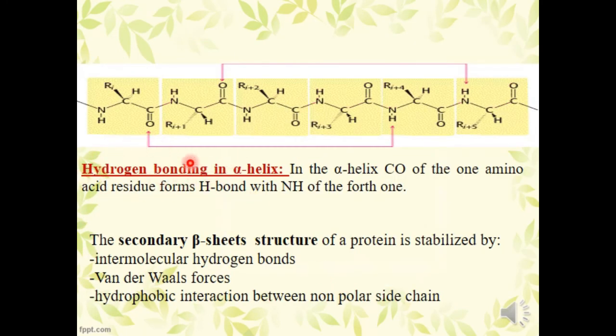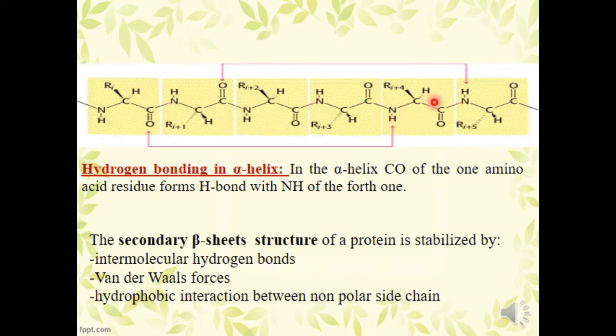Hydrogen bond in alpha helix: one amino acid forms hydrogen bond with the fourth. This one to the fourth. So this is 1, 2, 3, 4.